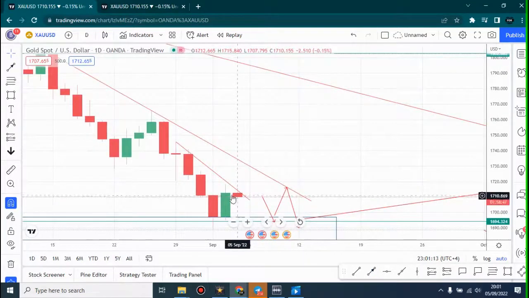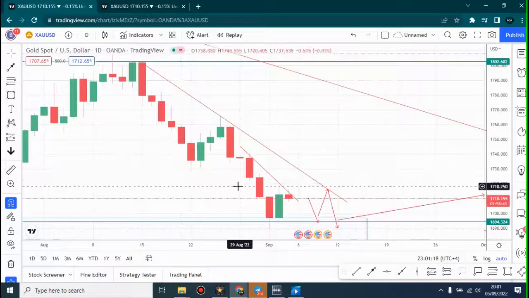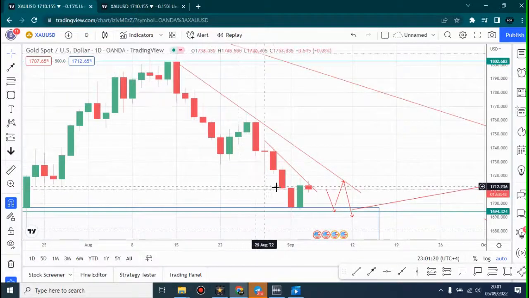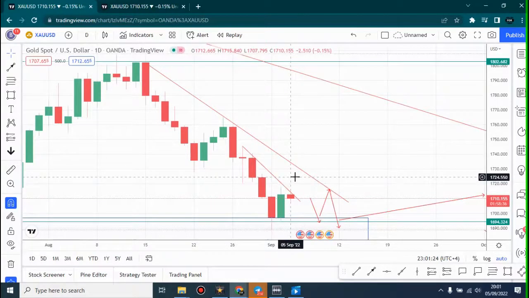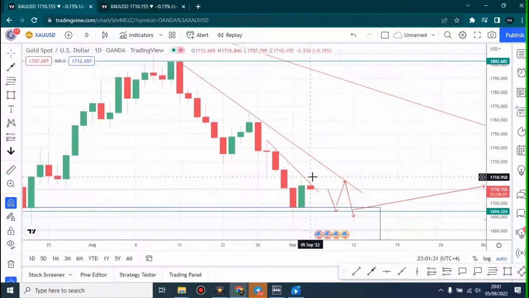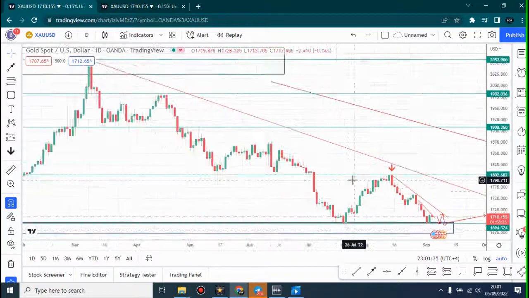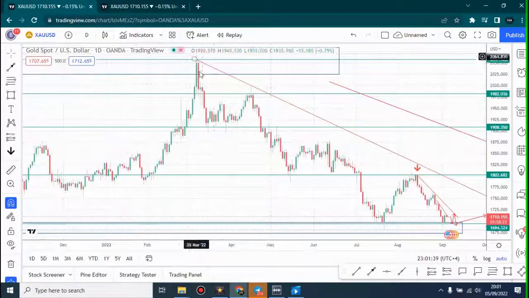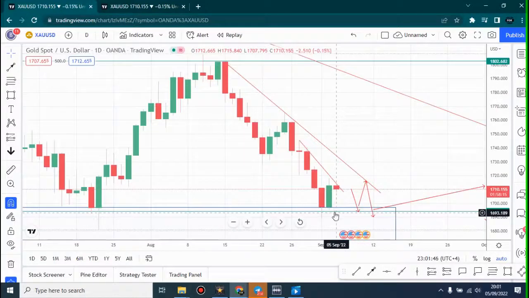I think gold is still on the bearish momentum, and we just have to watch the market and see what's going to happen tomorrow, because tomorrow is going to be a full trading day. If gold does not break this line and we don't see some really bullish volumes, I think gold is going down. Honestly, gold is going down, because for the past week we have seen gold going bearish and bearish, so gold may decide to go bearish.